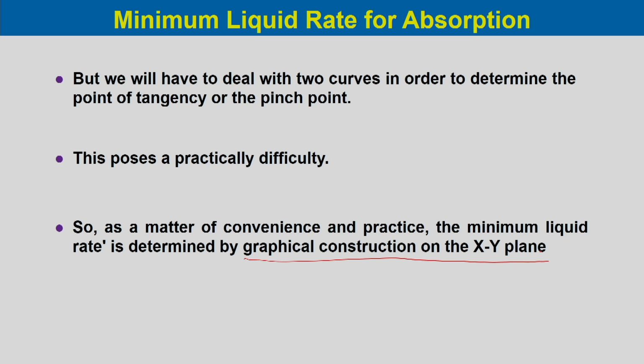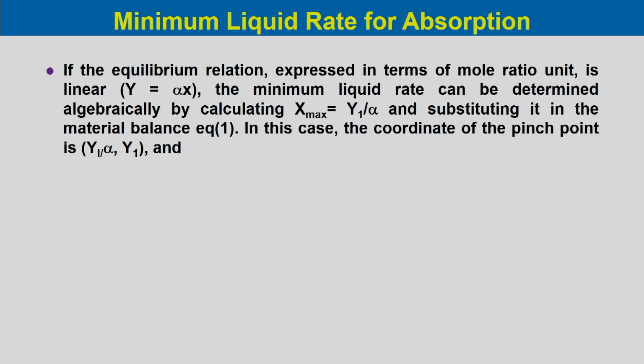Now, if the equilibrium relation, which is expressed in terms of mole ratio unit, is linear, that is capital Y is equal to alpha capital X, the minimum liquid rate can be determined algebraically by calculating X max, which would be equal to capital Y1 by alpha, and substituting it in the material balance equation 1, which we have done before.